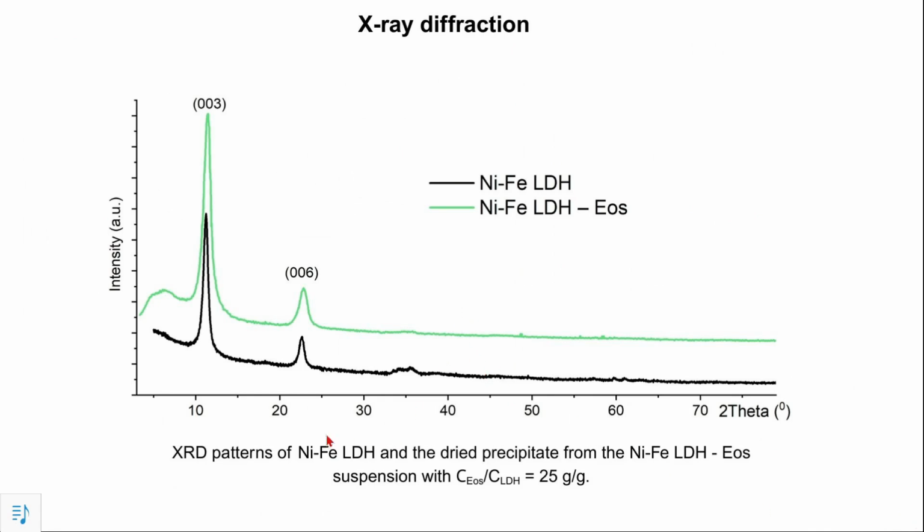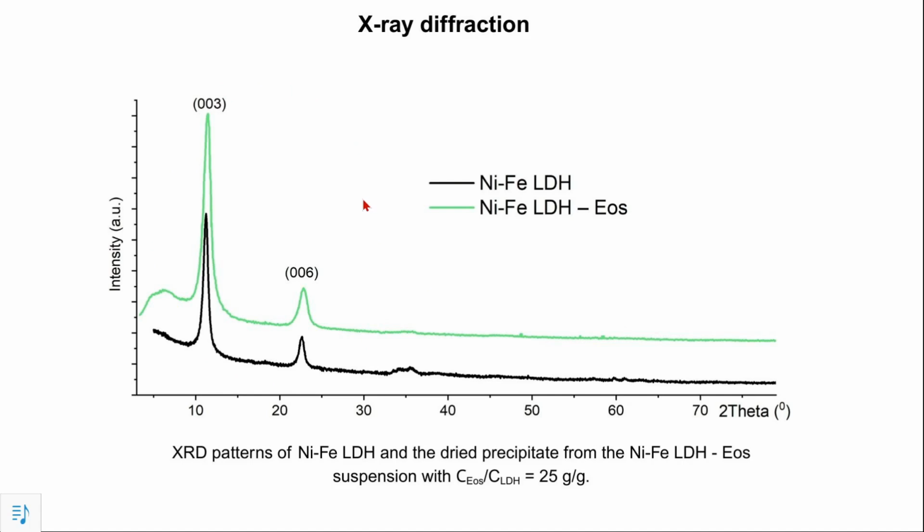The XRD pattern of dried precipitate from azine nickel-ferrum LDH suspensions displays the characteristic reflections of a layered double hydroxide structure with well-defined basal reflections. It indicates that the layered architecture is preserved after azine Y loading. The overall peak intensity remains comparable to the pristine LDH, suggesting that azine Y incorporation does not significantly disrupt the crystalline order.